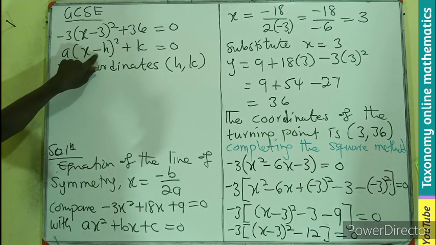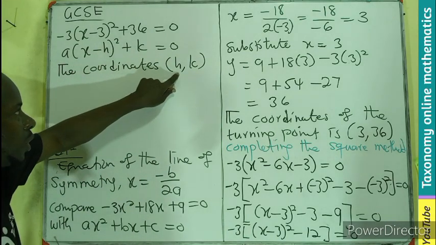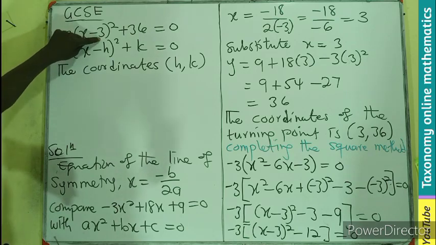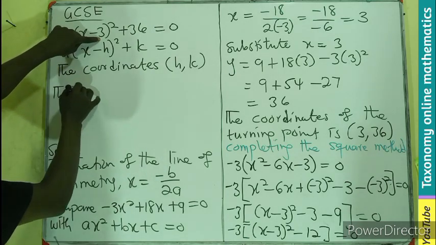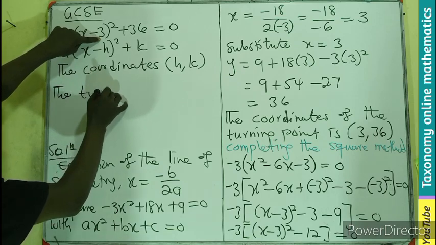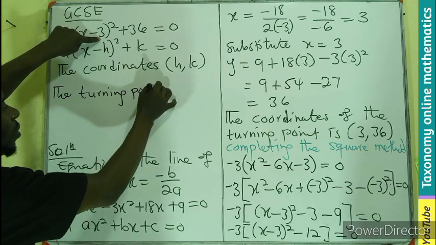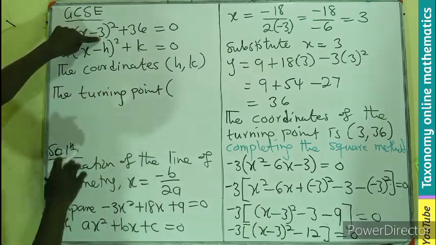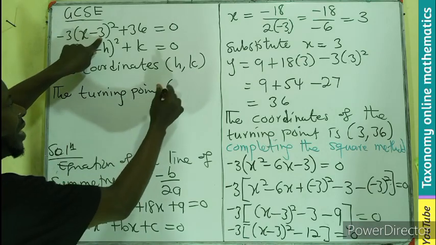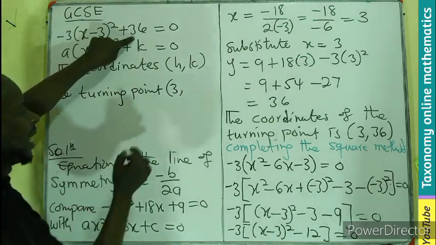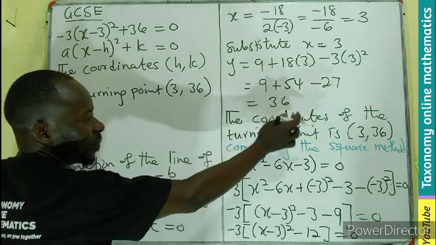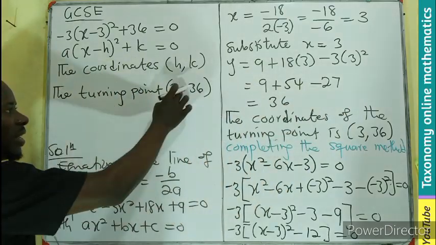You see the negative is ignored, so you're picking the h, k. A is here, we are not interested in the a. So here, the turning point is going to be the x point, then the k here will give us 36. Just like we have here, 3, 36, 3, 36.